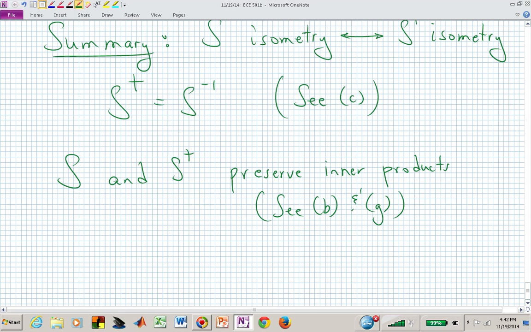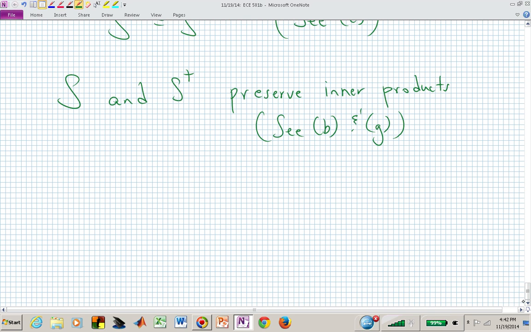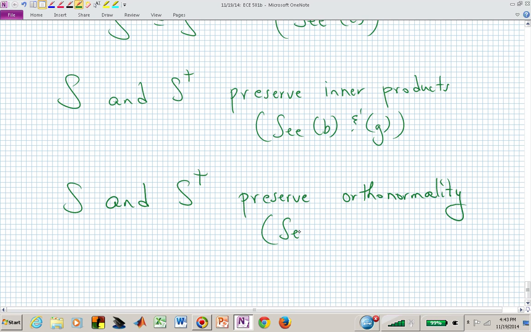They preserve inner products. And if you look at a couple of other statements, S and its adjoint preserve orthonormality, which is statements D and I.